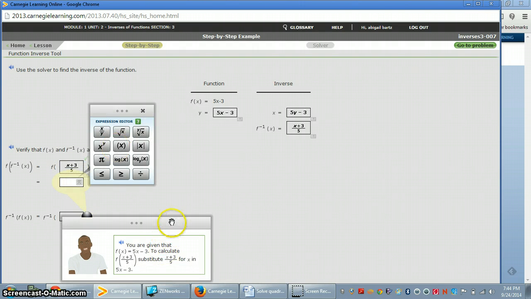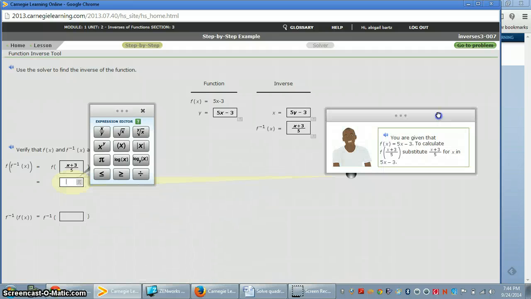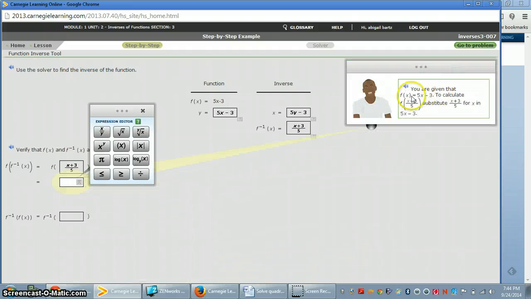It says, again, follow what your little helpers tell you. You are given that f of x equals 5x minus 3. To calculate f of x plus 3 divided by 5, substitute this for x into this equation. So what they're saying is okay, here's my original equation.